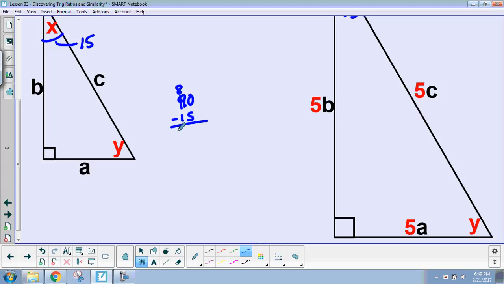I probably could have done this in my head, but, you know, I'm not feeling that well. 75, 15, 90, yep, that works. Which means this is 75, and this has to be 75.